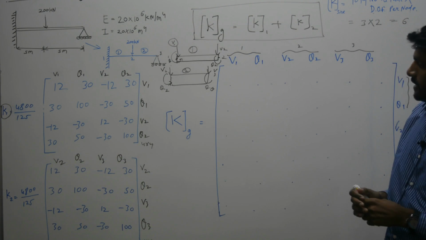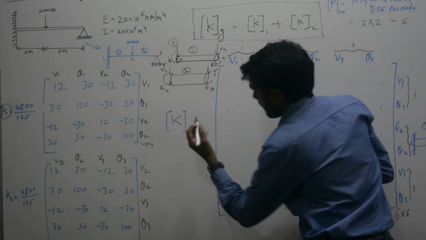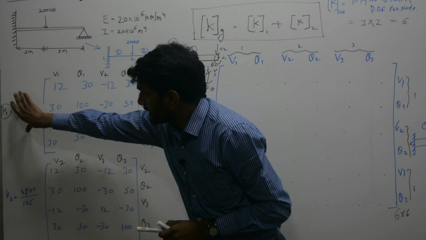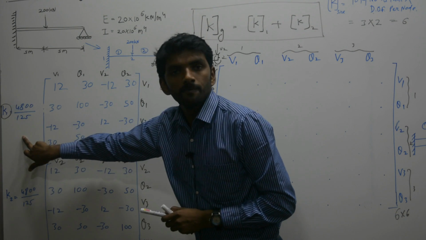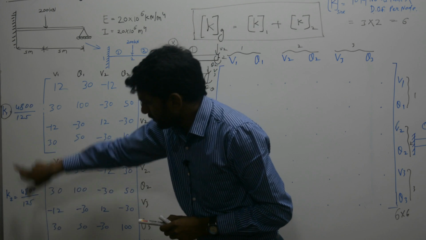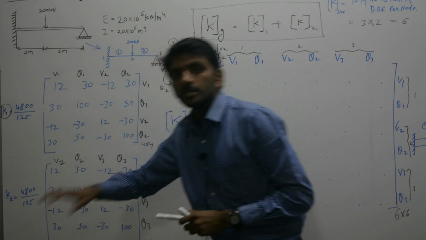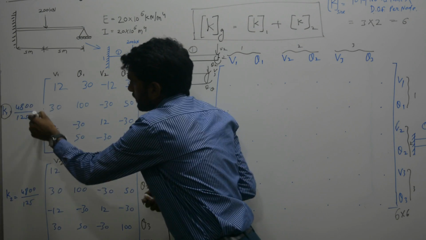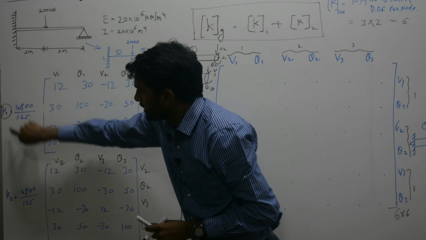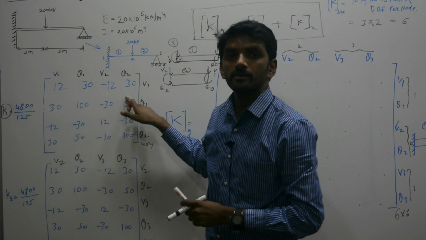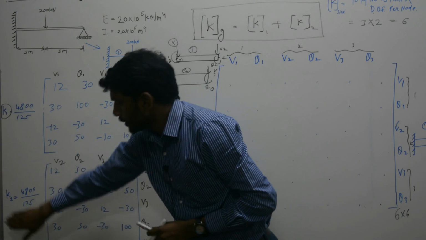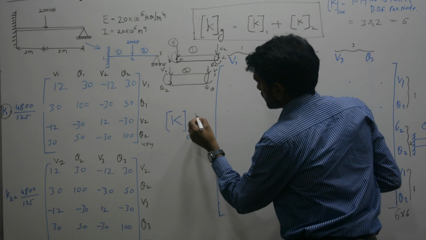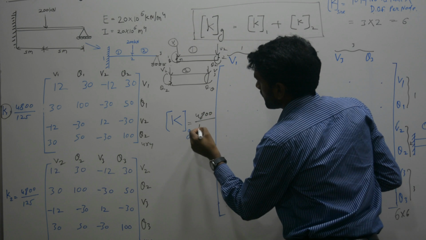One thing very common is that in K1 and K2 we have the same constant, 4800 by 125. If anything is common in a matrix, it means that this term is multiplied by each and every term. Because this is common for K1 and K2, we are going to take the same value as a common factor. So it's 4800 by 125.